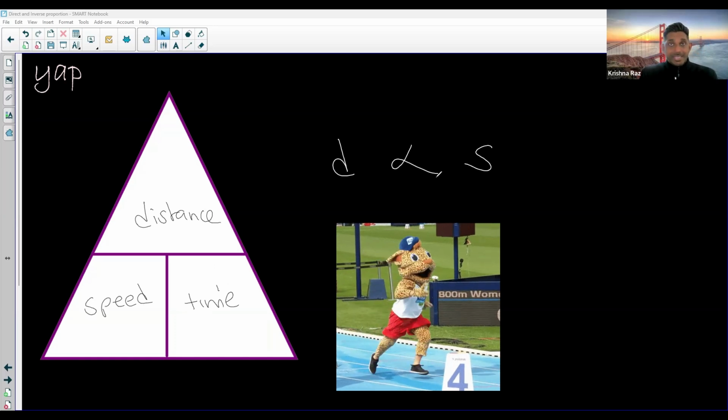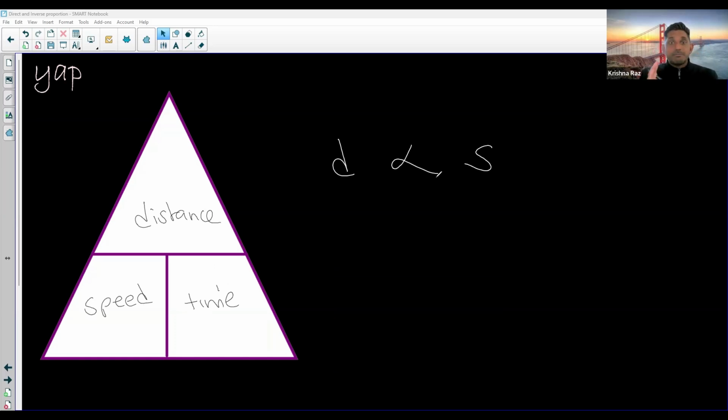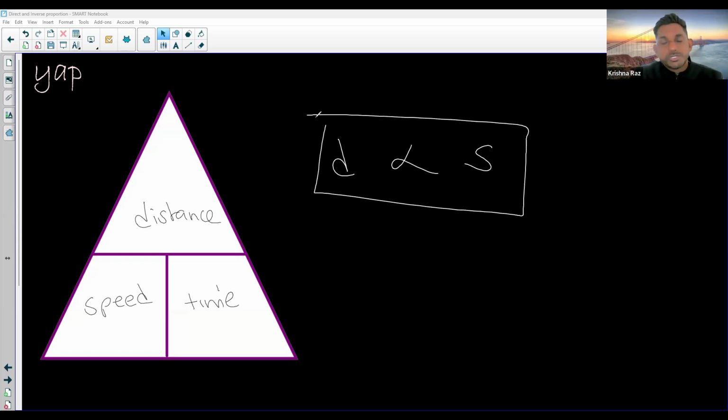If we keep our time fixed and we double our speed, what will happen to the distance that we travel? It will also double. If we keep our time constant and we half our speed, what will happen to the distance? It will also half. So we know that distance and speed are proportional. If you double one, the other doubles, given a constant time.